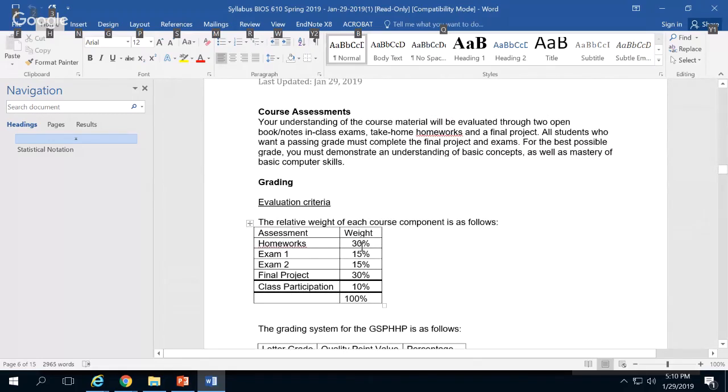So the grading is going to be based 30% on homeworks. So do your homeworks. These are probably the most important and the easiest grades that you can get in the course. If you put in a decent effort at the homeworks, you'll probably do quite well at them.